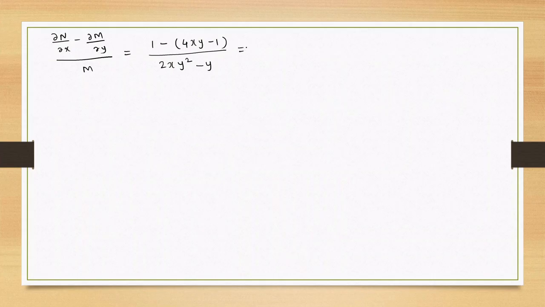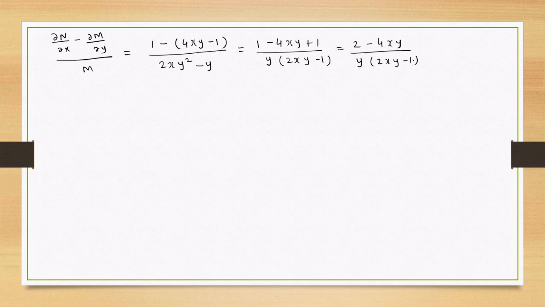So we can write it as 1 minus 4xy, minus minus plus, so plus 1, divided by, we can take y as common, y(2xy minus 1). So 1 plus 1 is 2, so (2 minus 4xy) upon y(2xy minus 1).